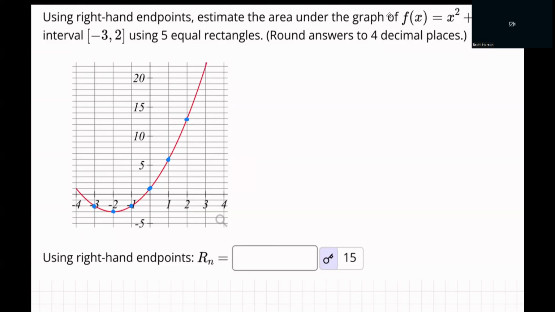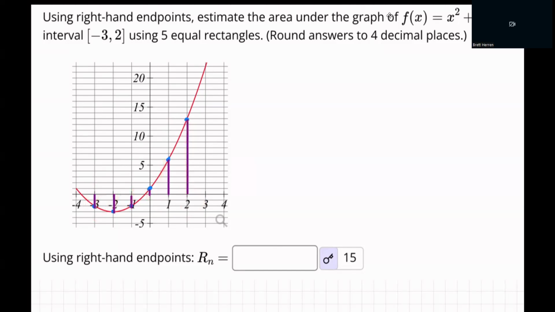And then for each of those dots, we should go straight from the curve to the x-axis. Those three go down. These ones will go up because they're below the x-axis. So notice I took each of those spots on the curve from -3 to +2, found the dots, went to the x-axis, either up or down.